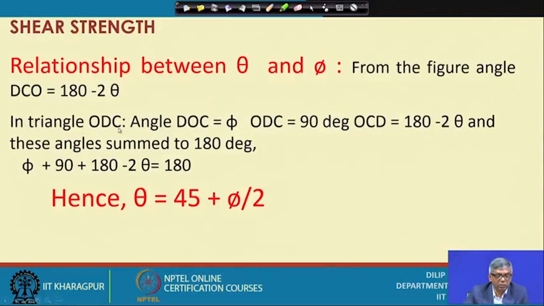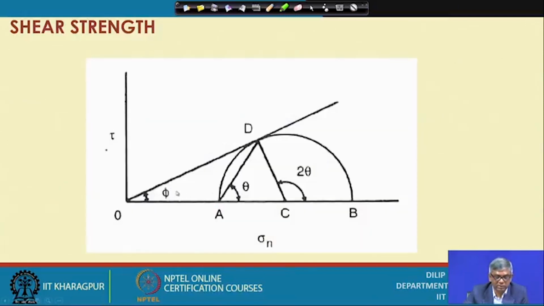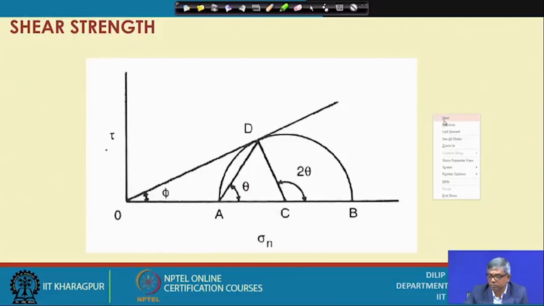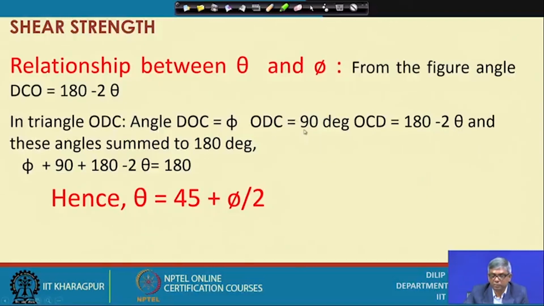In triangle ODC, angle DOC is phi, angle ODC is 90 degrees, and angle OCD is 180 minus 2 theta.